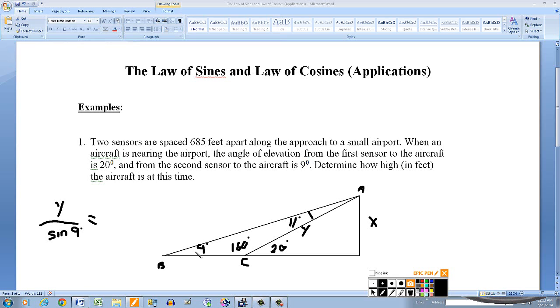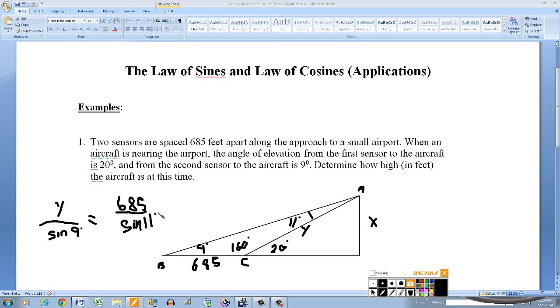The sensors are 685 feet apart, so this distance from B to C is 685 feet. So Y over the sine of 9 degrees should be equal to 685 divided by the sine of the opposite angle, which is 11 degrees.